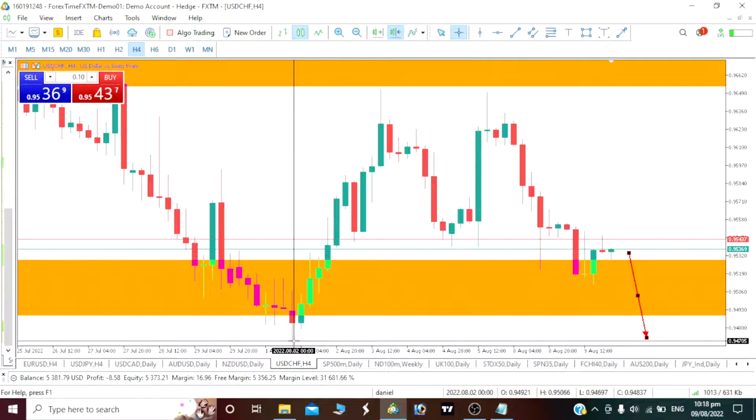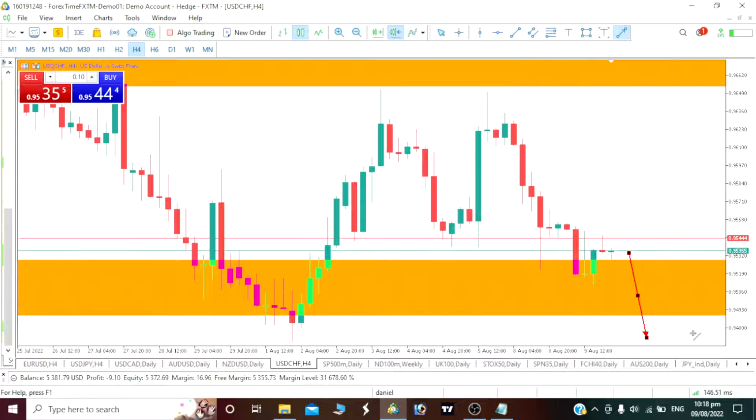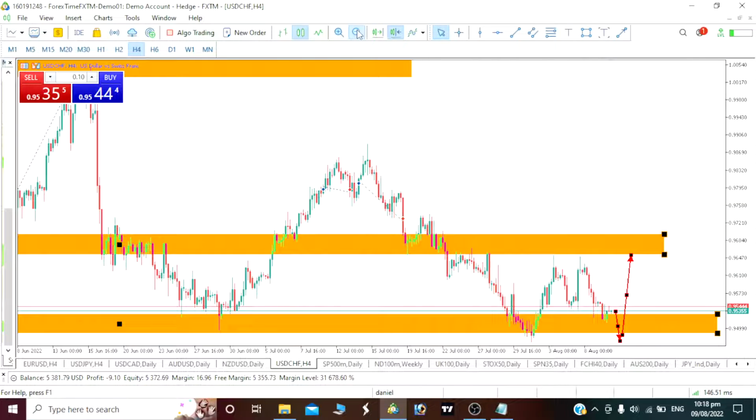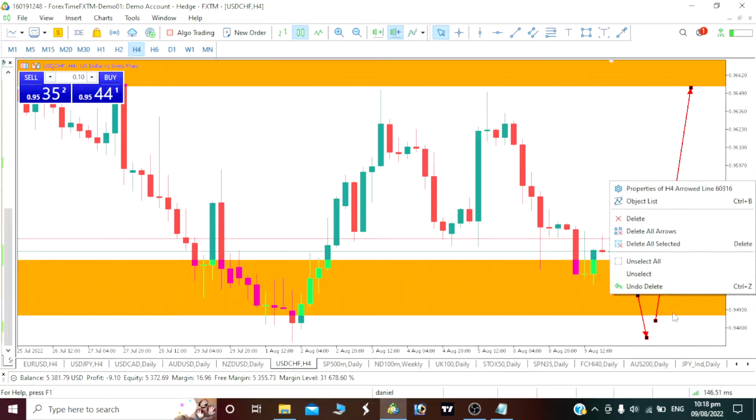We very much likely see a huge drop again on our USD Swiss franc to 0.94705. So watch out for it. We're very much likely to see a drop there before we start going bullish, as we are aiming for on our USD Swiss franc. Now let's see it on our, this is our 4-hour time frame.